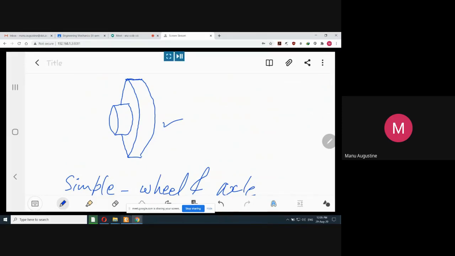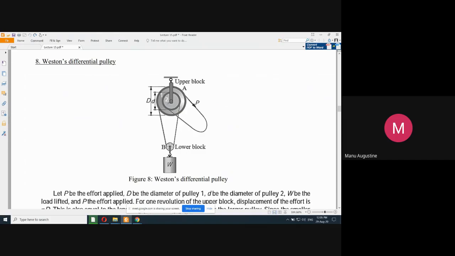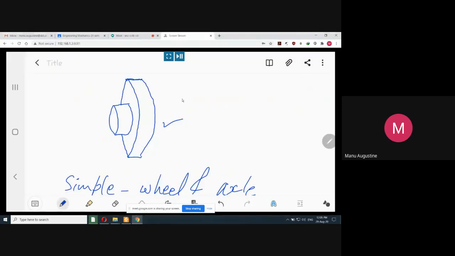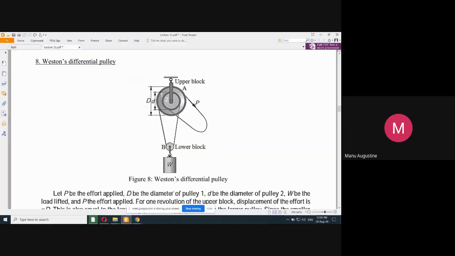So starting from here and going back to the image, this is how it is going to look when you look at it from the front. What I'm saying is, if you come to the front of this, this is your eye, and if you look at it from the front, then this stepped pulley of the Weston's differential pulley is going to look like this.